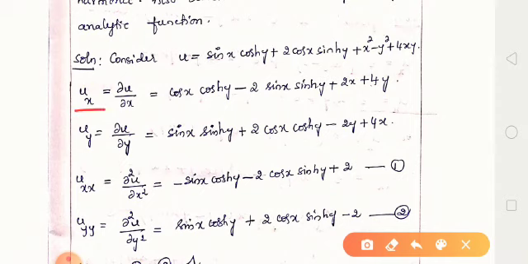Partial derivative of u with respect to x, by treating y as constant, we will get ux equal to cos hyperbolic y into cos x plus 2 into derivative of cos x is minus 2 sin x into sin hyperbolic y plus derivative of x² is 2x minus 0, derivative of y² with respect to x, then plus 4 into y into derivative of x with respect to x is 1, so 4y.